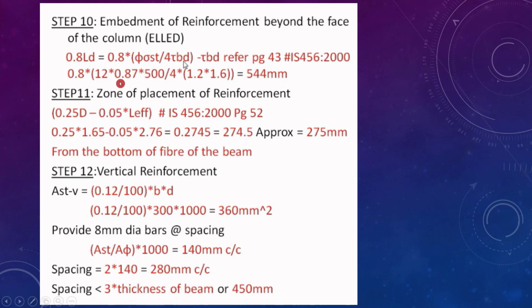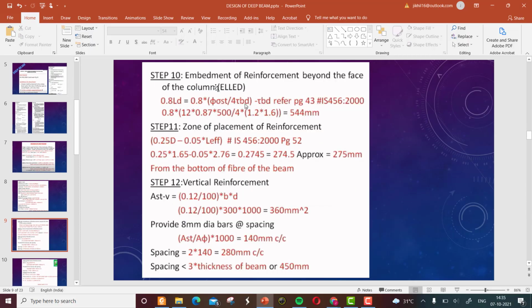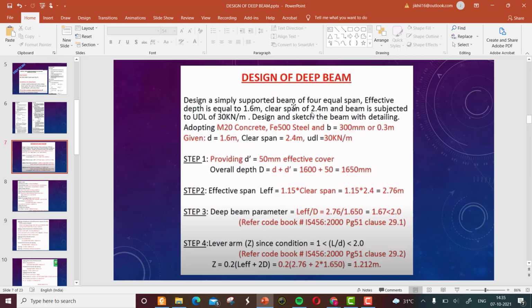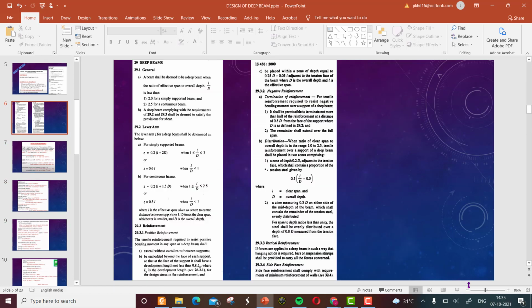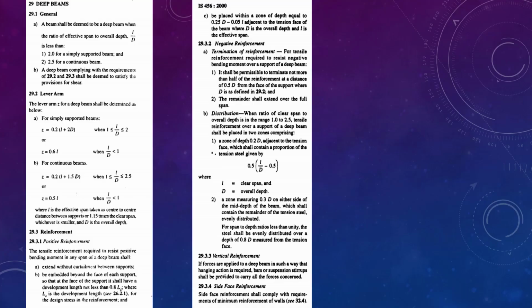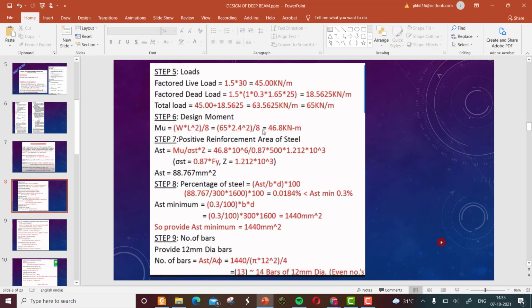So now we have calculated the required positive reinforcement. Step 10 and step 11 are based on the code provisions. Step 10 is embedment of reinforcement beyond the support.